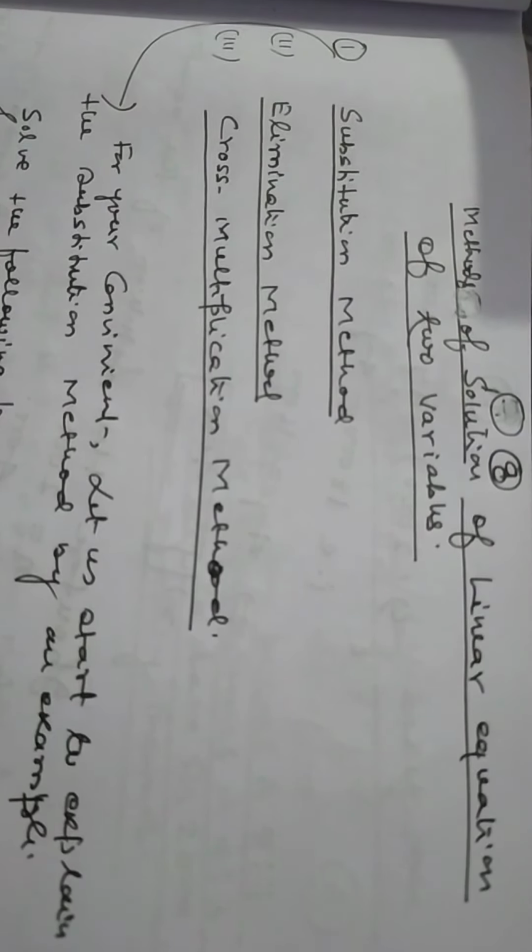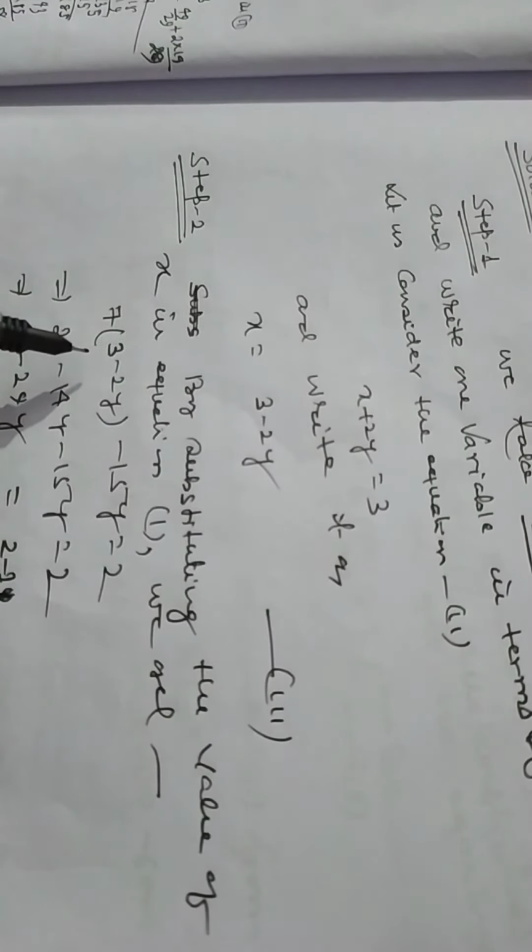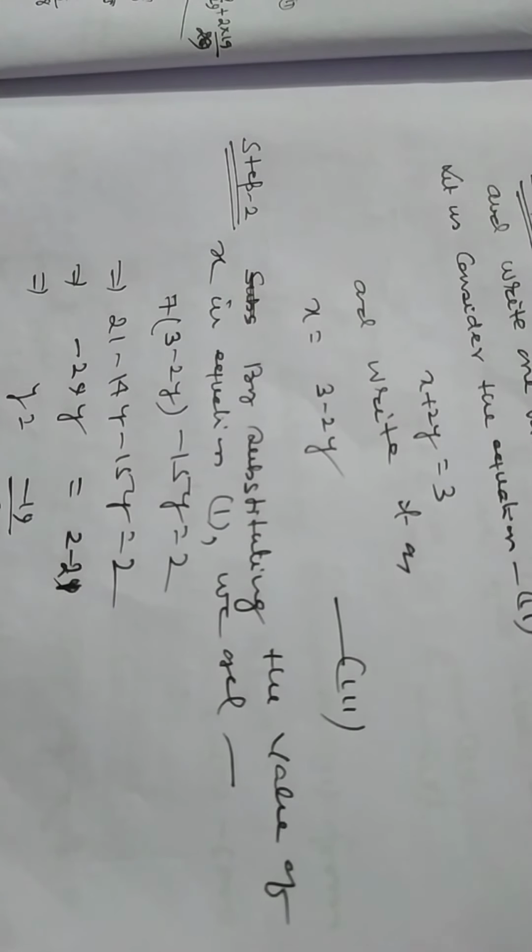First we write the equation and convert it in terms of x or y. Here we converted this equation in terms of y. So by putting the value of x in equation 1, it will be 7 times (3 minus 2y) minus 15y is equal to 2. And it will be y is equal to 19 by 29 after simplification.